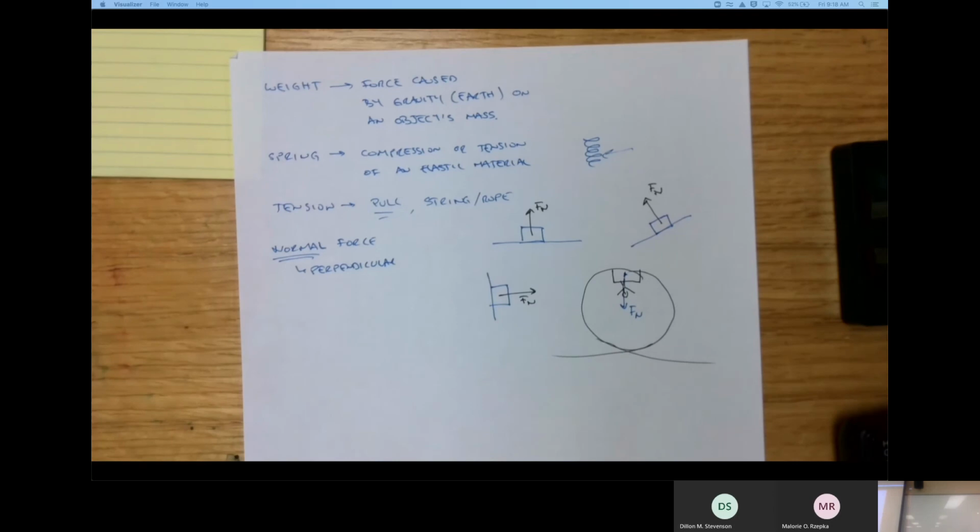Okay, so normal forces are always perpendicular to the surface, and it's always going to appear when you have an object in contact with the surface. At the moment that object is not in contact, the normal force disappears.